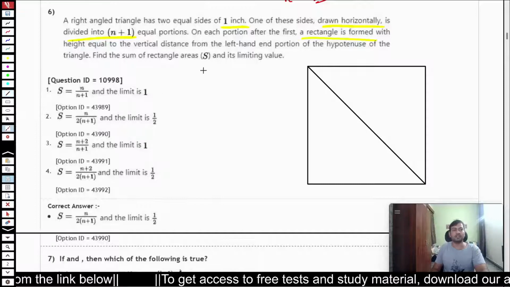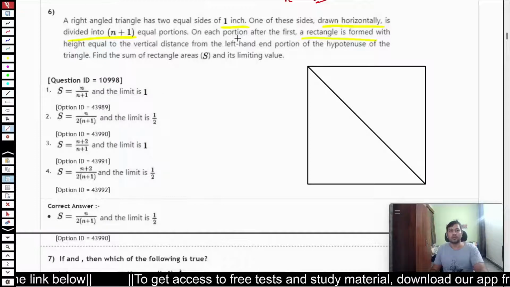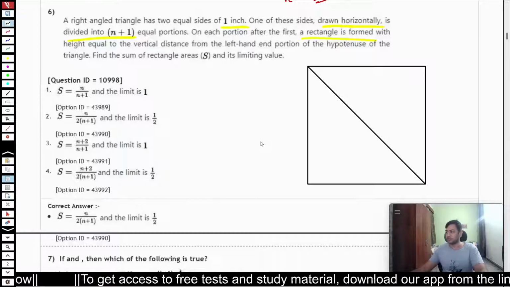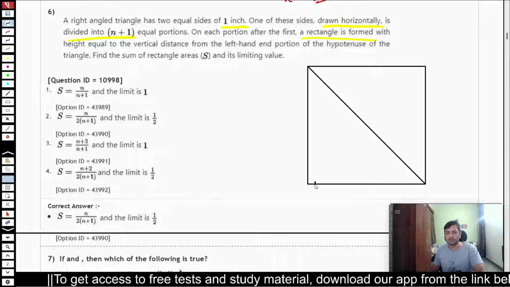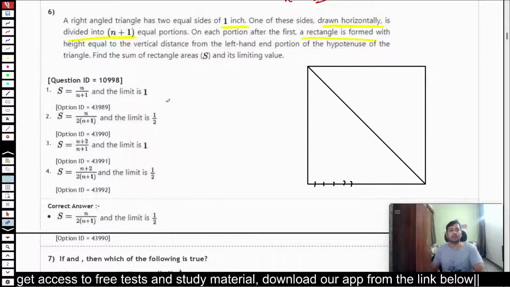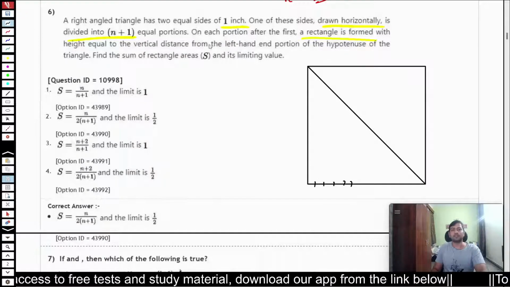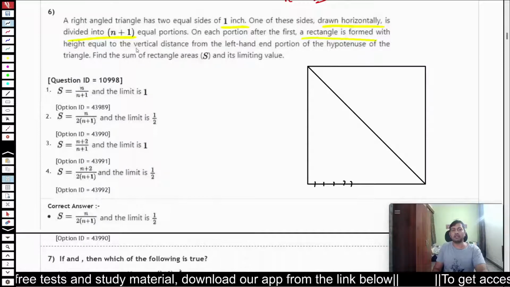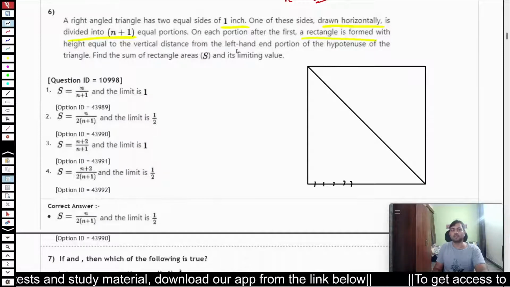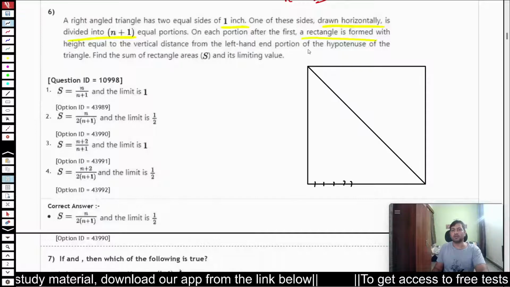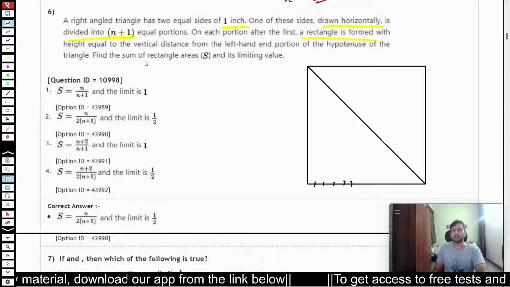Now what they are saying is that I have divided this into n plus 1 equal parts, like this. And on these n plus 1 equal portions, a rectangle is formed with height equal to the vertical distance from the left hand end portion of the hypotenuse of the triangle.